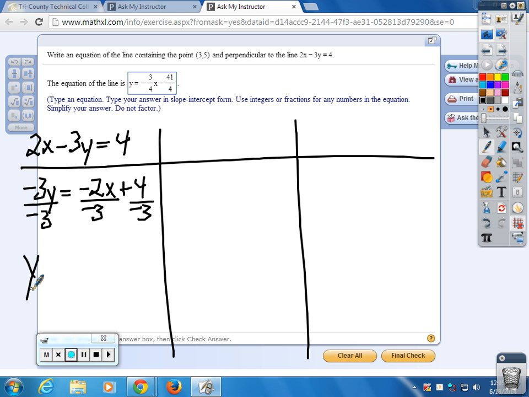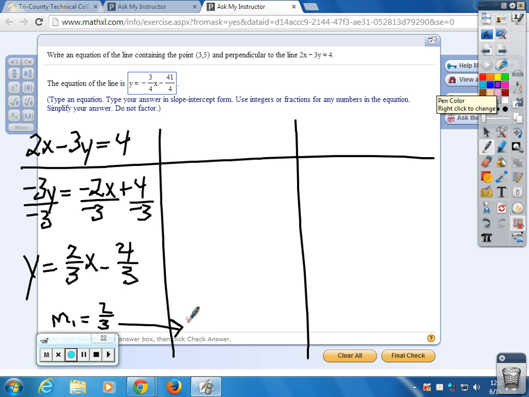So y is equal to 2/3 x minus 4/3. So m sub 1 is equal to 2/3. Therefore, what's m sub 2? 2/3. And m sub 3? 3 halves.